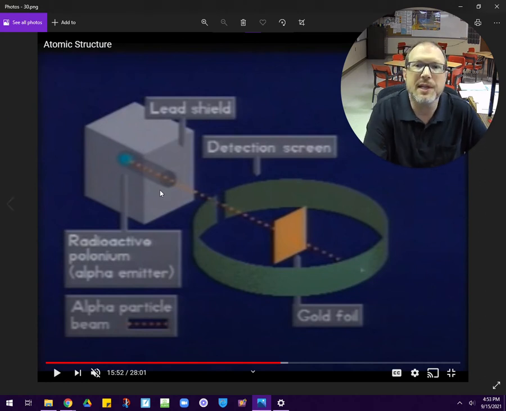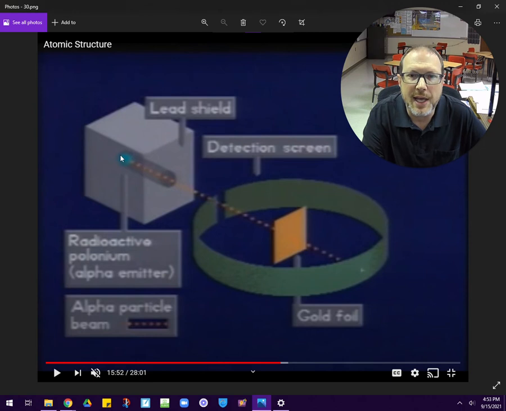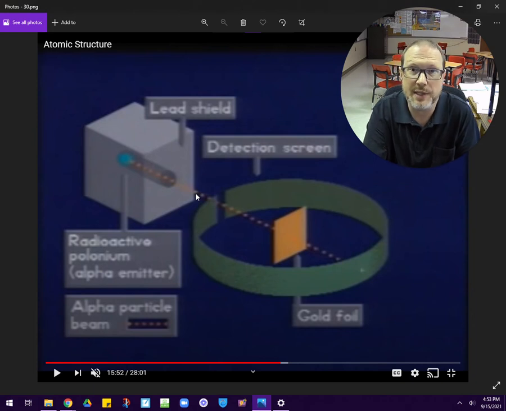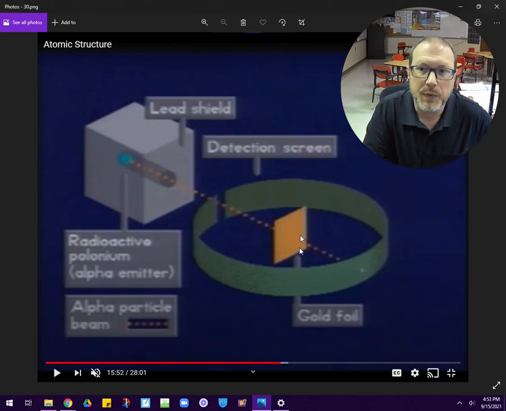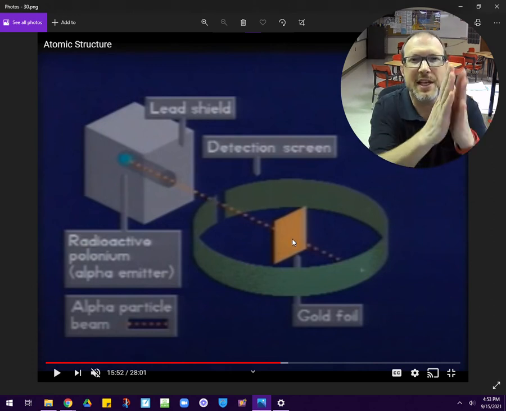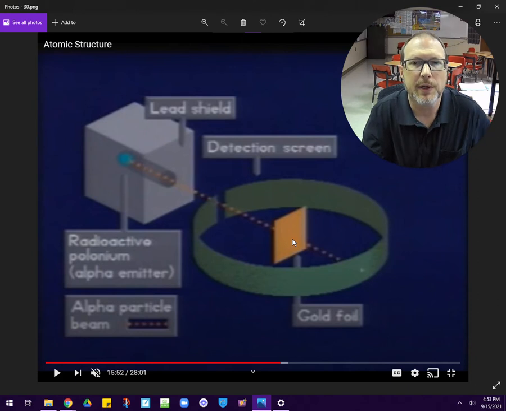What Rutherford did is he got a radioactive source that would spit out these particles called alpha particles, which are basically just the positively charged nuclei of hydrogen atoms. But they didn't know that at the time. They just called them alpha particles. They shot them in a straight line from a little cannon toward a very, very thin sheet of gold foil.